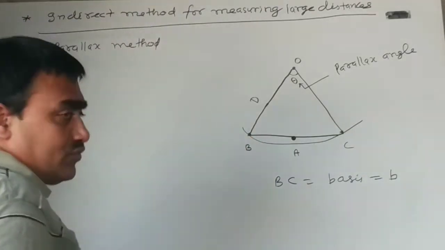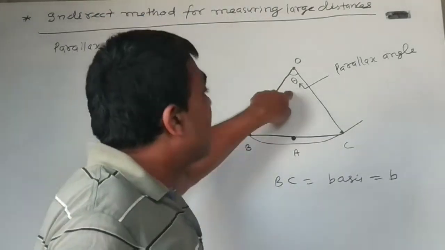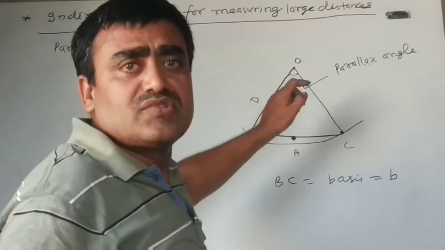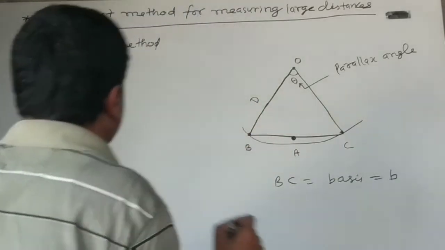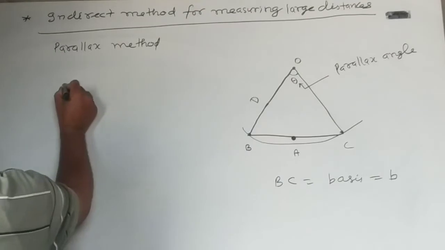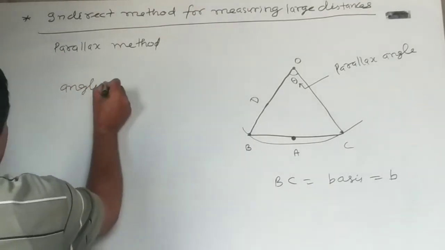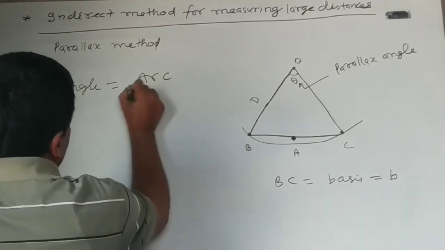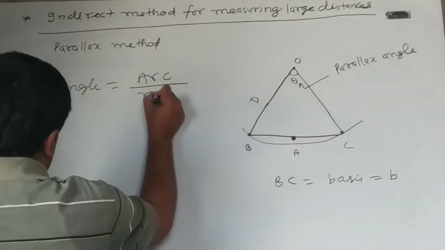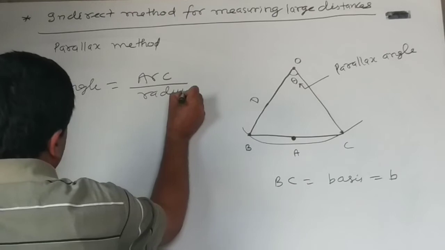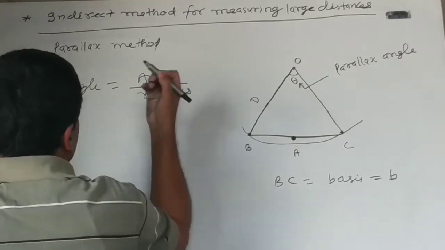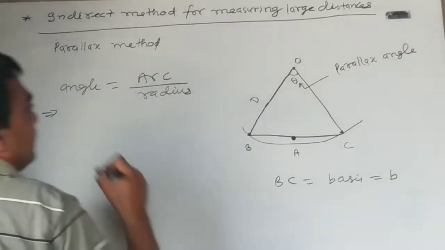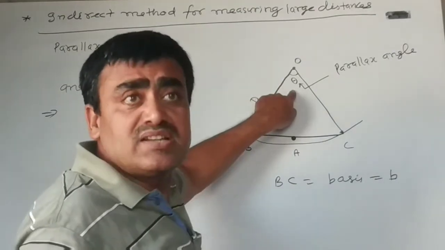According to the rule of geometry, if theta is in radian, then angle will be equal to arc upon radius. Okay? Here, theta is in radian.